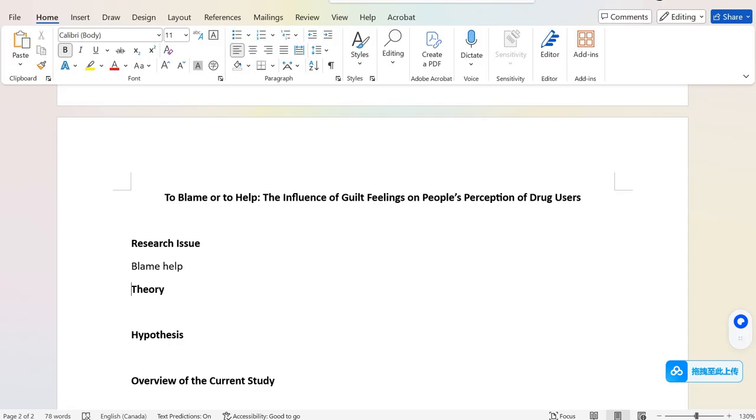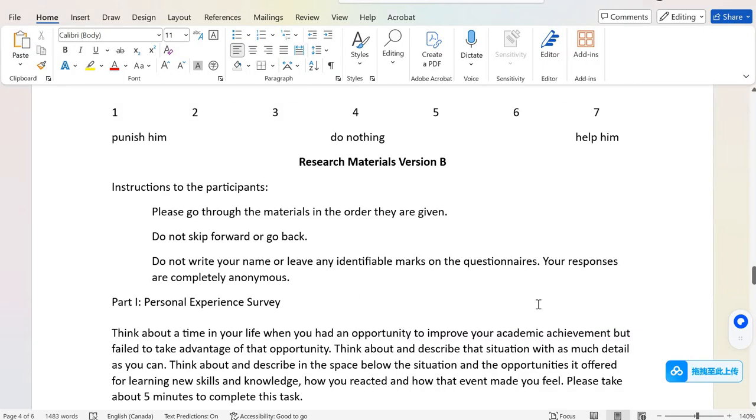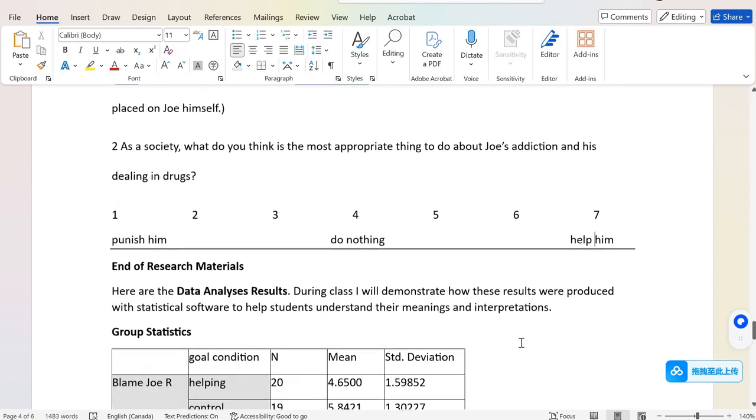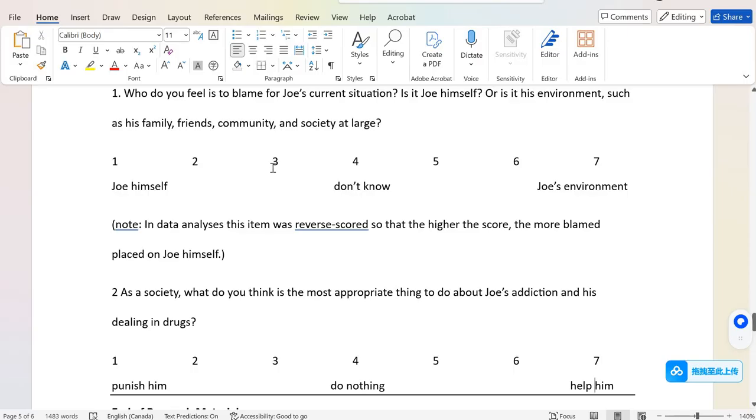And you think about the two conditions, version A and version B. What's the difference between version A and version B? Both version A and version B ask participants to provide their attitude toward Joe. Do you blame him? And do you blame the environment?